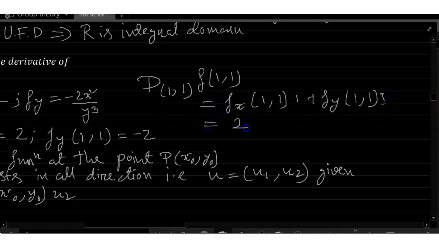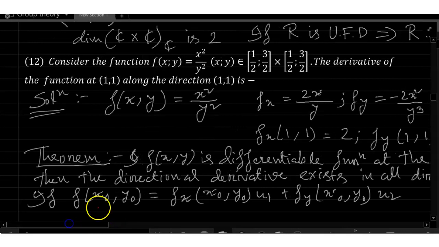So this value is 2 into 1 plus minus 2 into 1 equals 0. So my answer is 0.